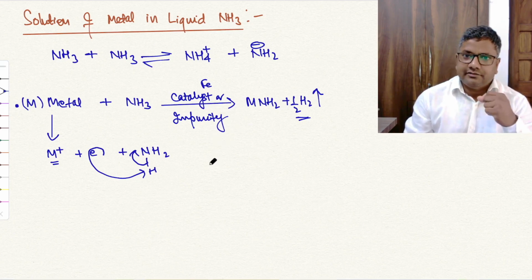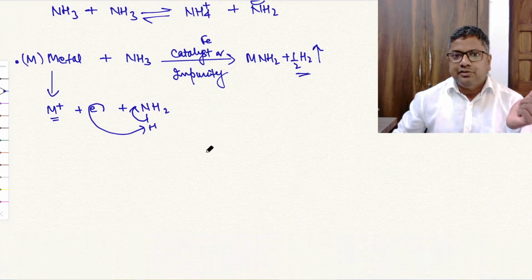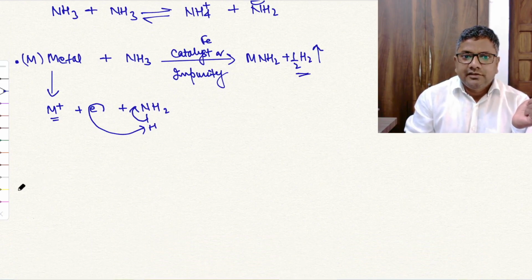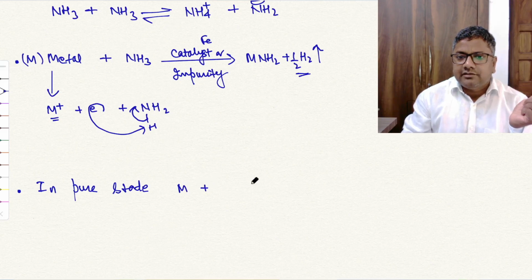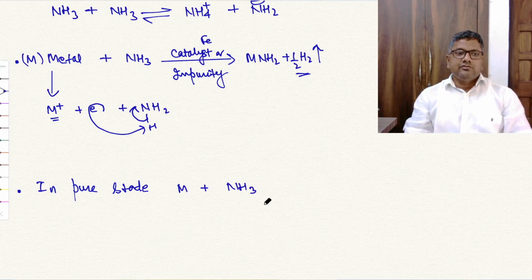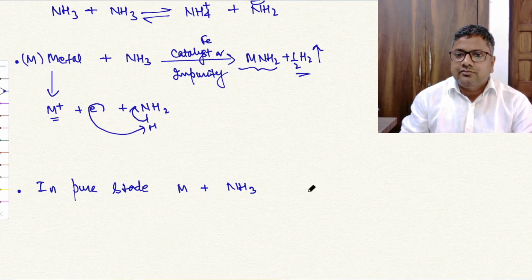If there is no impurity, if the metal is pure, and we take this metal M with ammonia, what happens? This time MNH2 is not formed immediately.